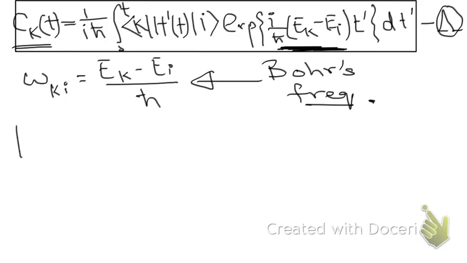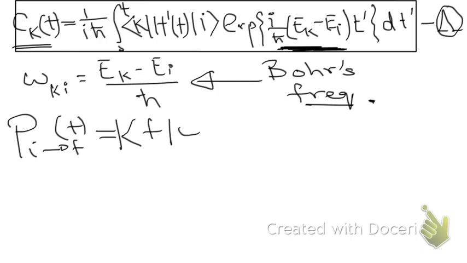So let's write that down as the probability from my initial to final as a function of time. This is going to be equal to my state F, the time dependent evolved state psi projected onto the final state F, and the square of this. That's my probability.